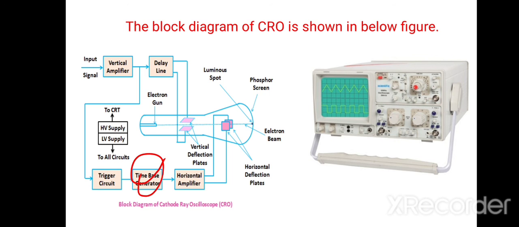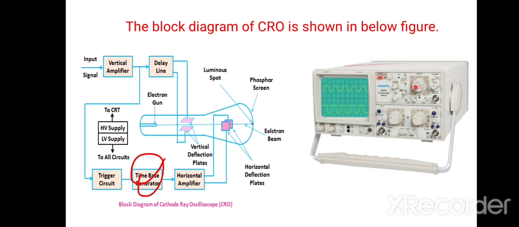What do you mean by delay line? How does it work? We know that the input signal is applied horizontally as well as vertically in the cathode ray tube. But before reaching the horizontal deflection plates, the signal passes through different blocks such as the trigger circuit, time based generator, and horizontal amplifier.